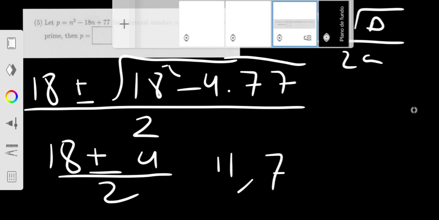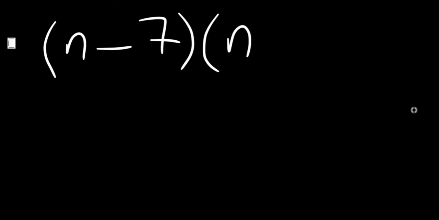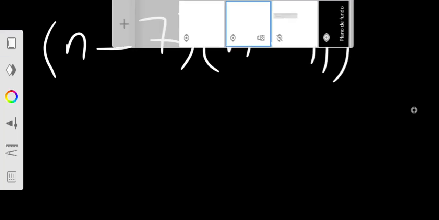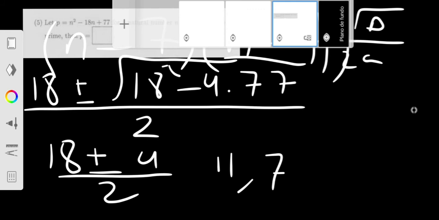So what we can do with this is write this in another form. What do I mean by this? We can write it as n minus 7 multiplied by n minus 11. The 11 and 7 are these roots over here.